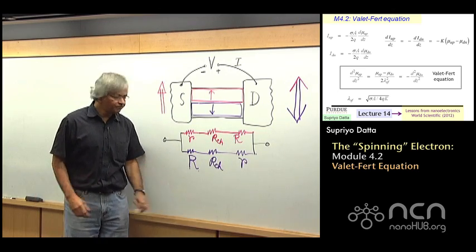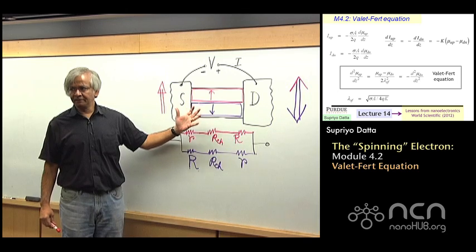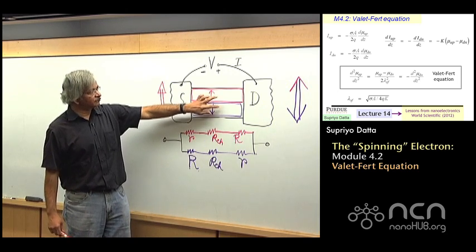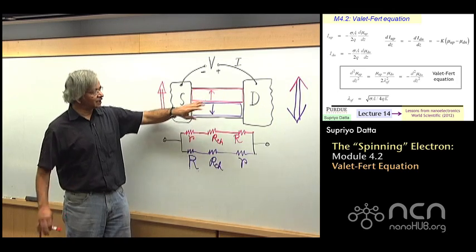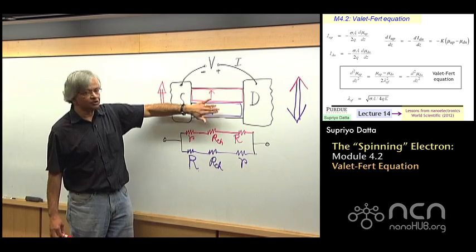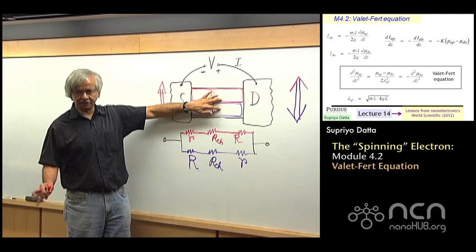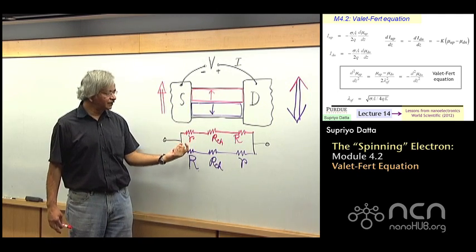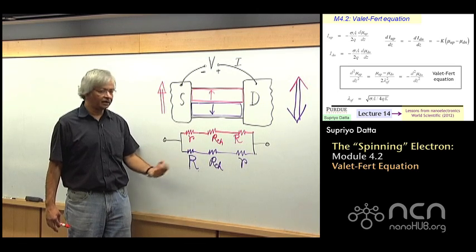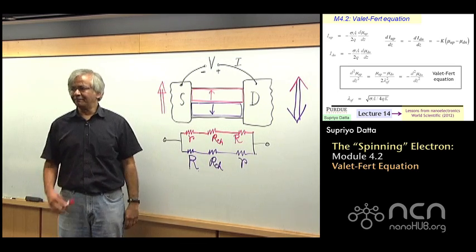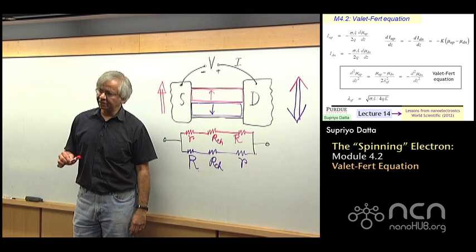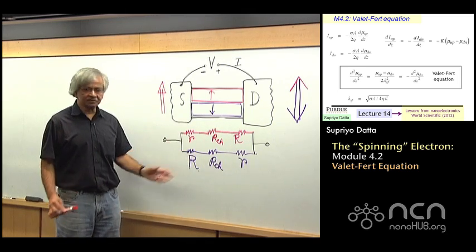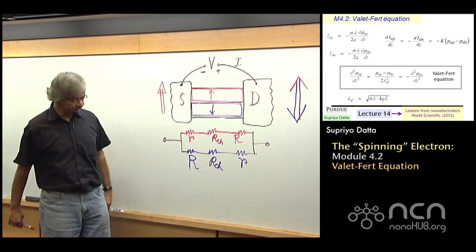What we have seen is that you can understand this by assuming that all channels have two identical spin channels. These are non-magnetic materials. These two spin channels have different resistances, small r and big R, depending on whether the magnet is in the direction of the spin or opposite to the direction of the spin. Why that resistance is different, as I mentioned, we'll talk about later.